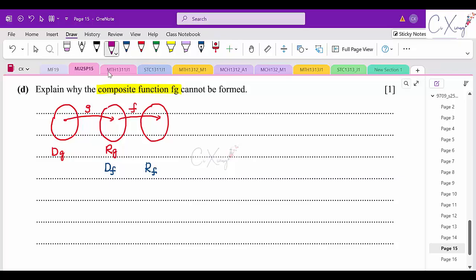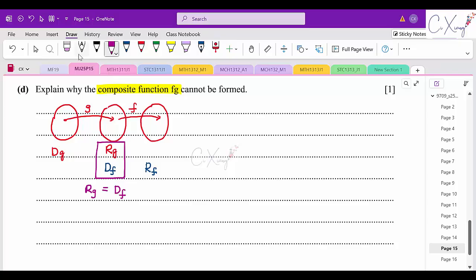When you have a look at this center set here, they are sharing the equal set. So from here, to make sure that the composite function fg exists, you have to make sure that the range of g is equal to the domain of f.